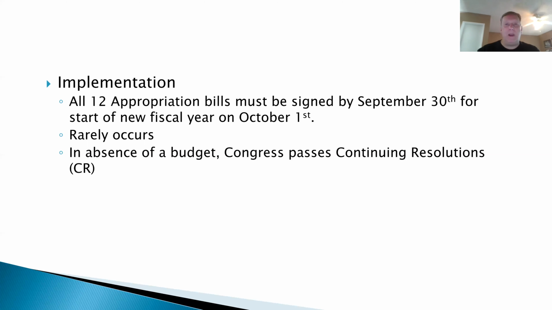That Omnibus Budget Reconciliation Act, comprised of all these appropriation bills that have not yet been passed, will then be reviewed and passed by the House and the Senate, and will then go to the president for the president's signature.